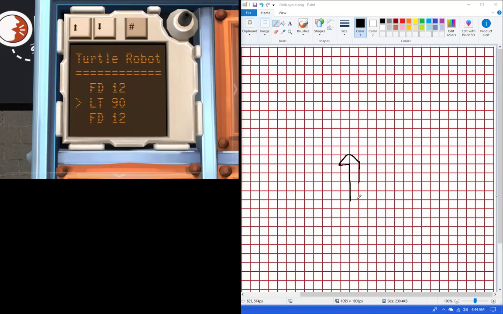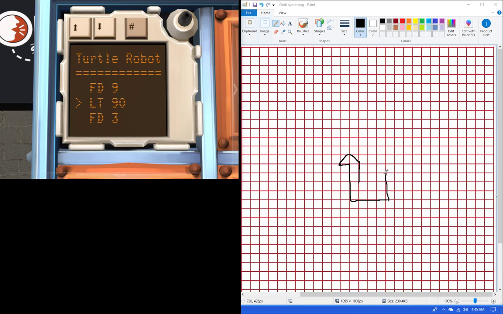Then LT 90, we're facing this way now. So forward another 12. So 1, 2, 3, 4. And then LT 90, so we're facing up now, which is going to give us forward 3. So forward 3. I bet, yes, I know which one's the bug exactly, because I have an idea what it is.